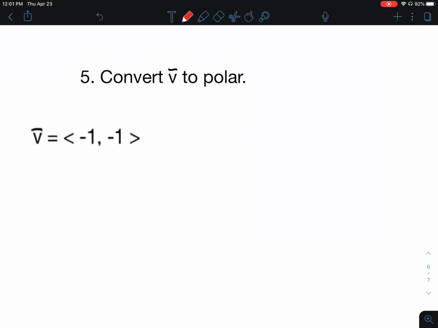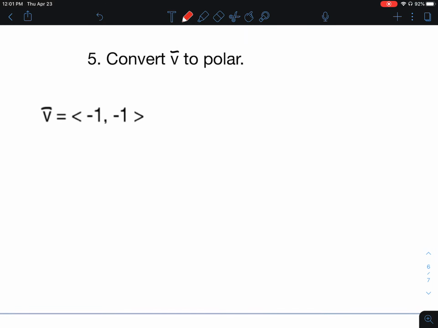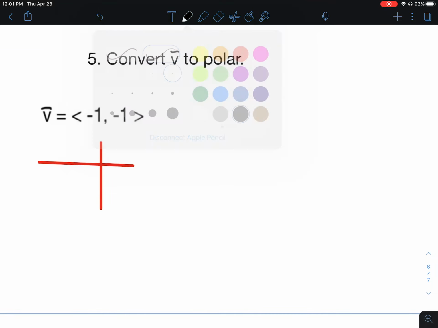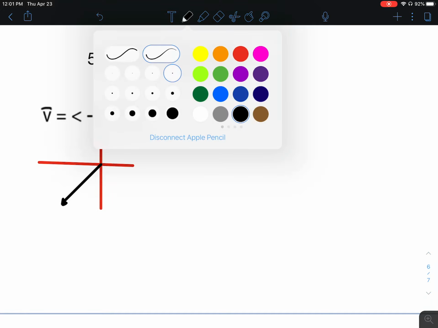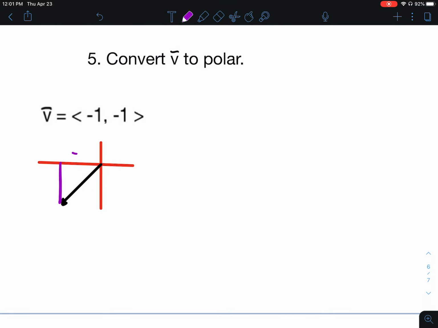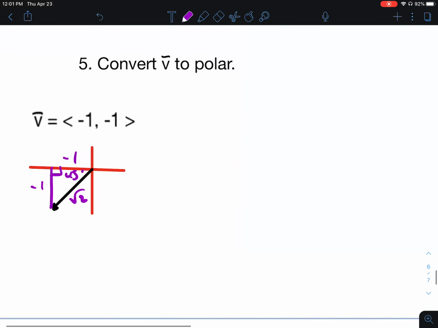Convert v to polar coordinates. Well, if you recognize that this is a special right triangle, if we make this vector down 1 and left 1, if we make a reference triangle, so 45, 45, 90, which means the hypotenuse is square root of 2, and it means this angle is 180 plus 45.